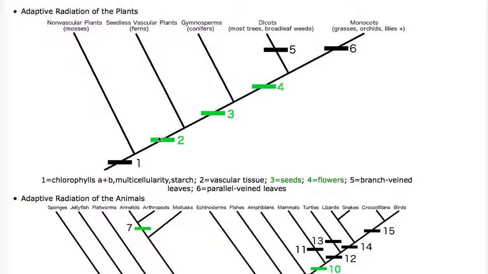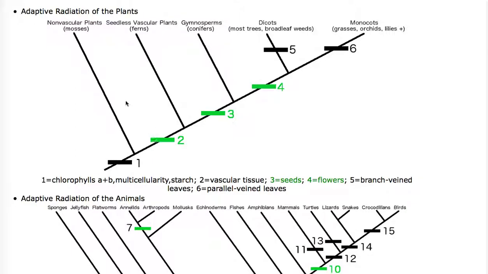So the next group here, there's a pivotal evolution of a structure. It's called vascular tissue. Vascular tissue is tissue that is responsible for conducting water and food throughout a body. We have vascular tissue, that's our veins and arteries. The evolution of vascular tissue was a big leap forward because then plants could get taller.